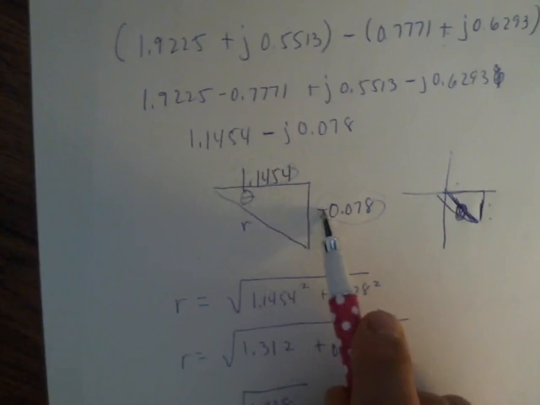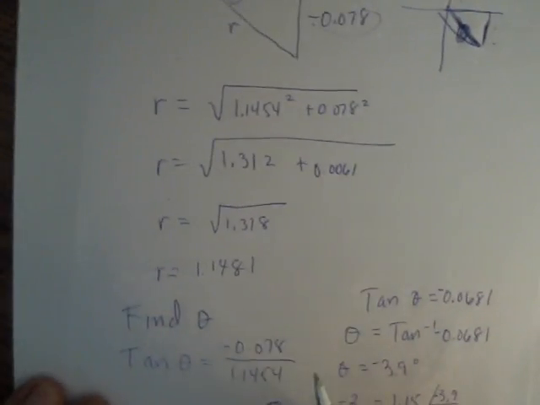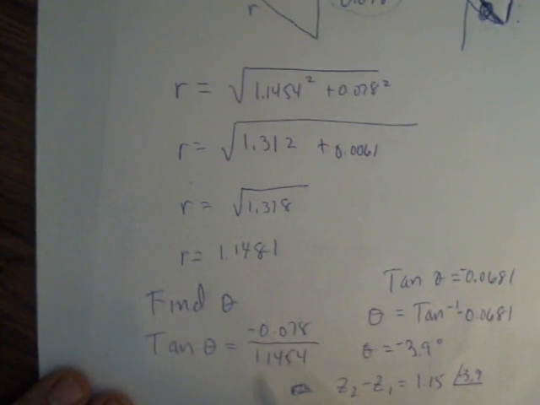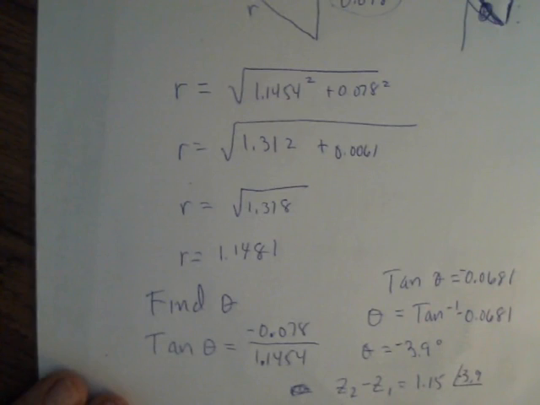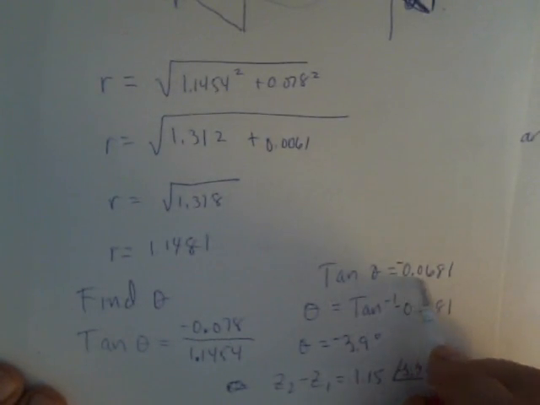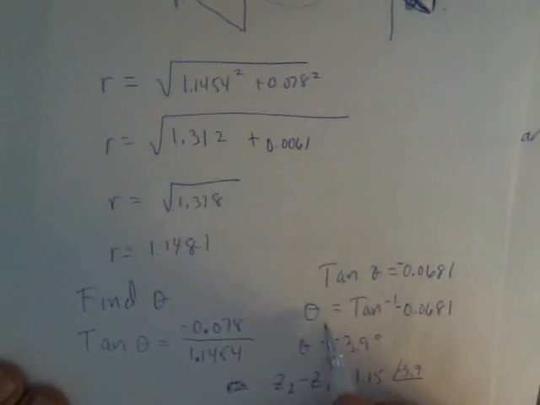So opposite divided by adjacent implies we use tangent. So that's what I do. So I got negative 0.078 divided by 1.1454. Divide, and again, I'm rounding to 4 decimal places, and that is negative.